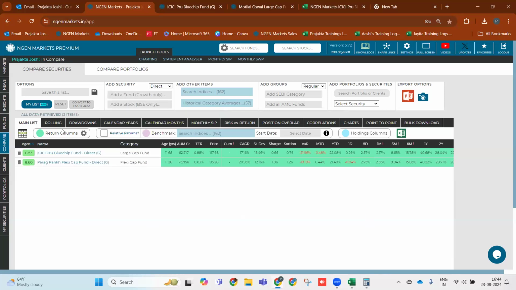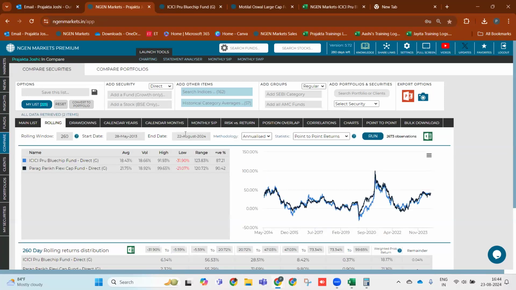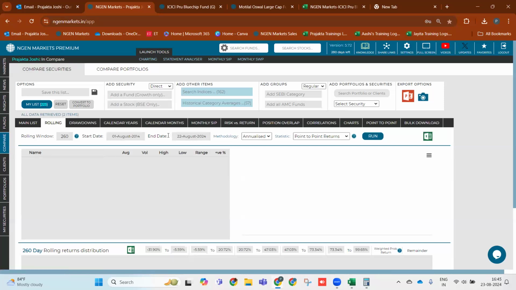So this is how you load direct funds. Then you go to rolling returns, and here you will set the start date and end date to the required time period. So let's say you said 10 years, so 2014, 1st of August to 22nd of August.